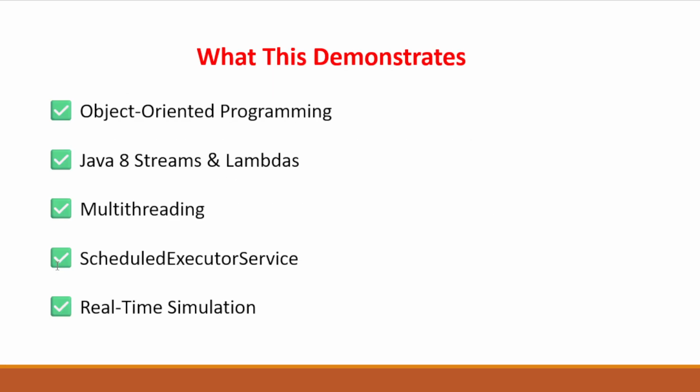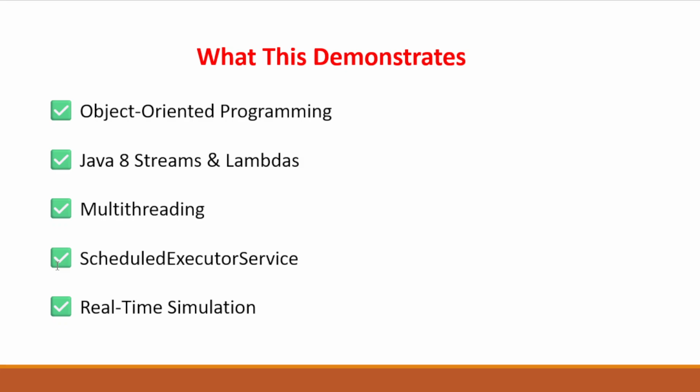So in this, what we are going to demonstrate, we will obviously use object-oriented programming. We are going to use some Java 8 concepts: the Stream API, lambda expressions, filters, and many more features of Java 8. Multi-threading we will also use in this, so this will give a new touch and new look to your concepts.